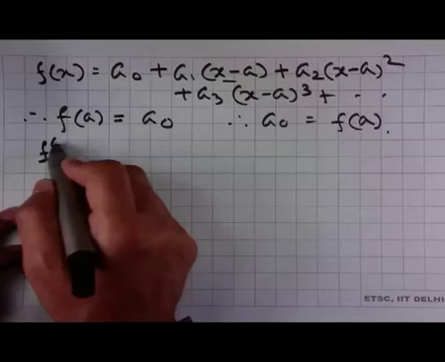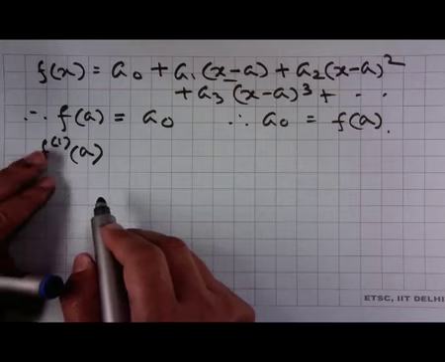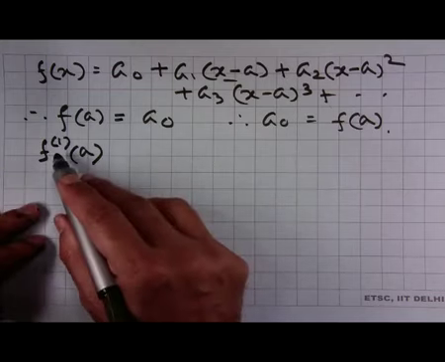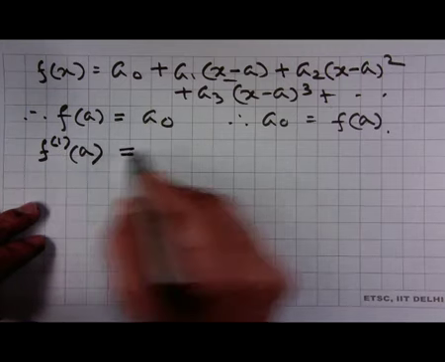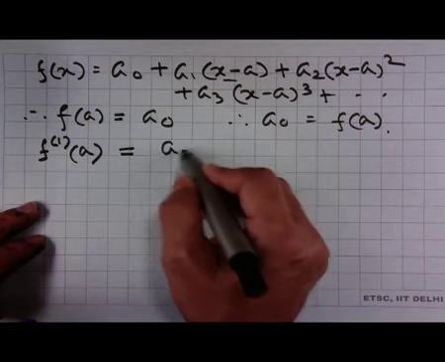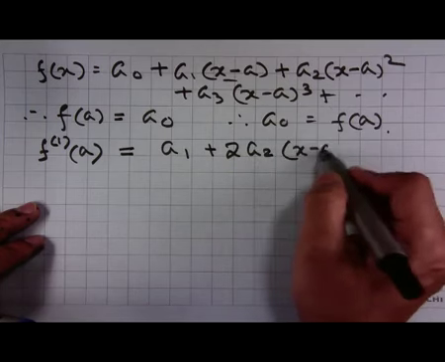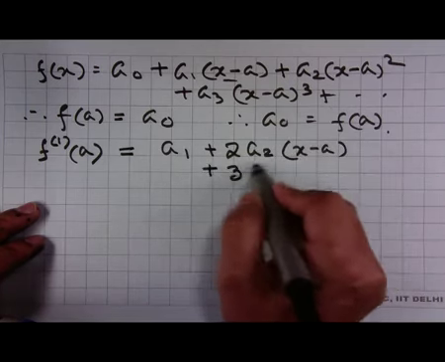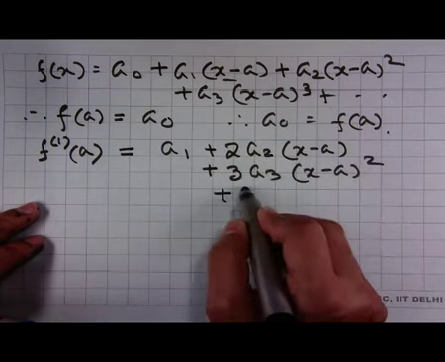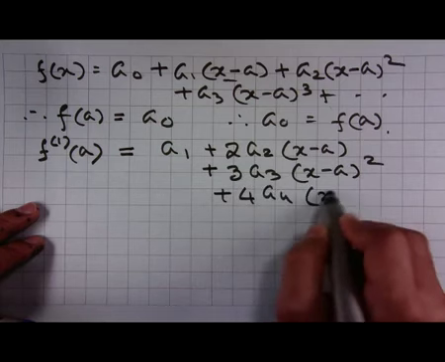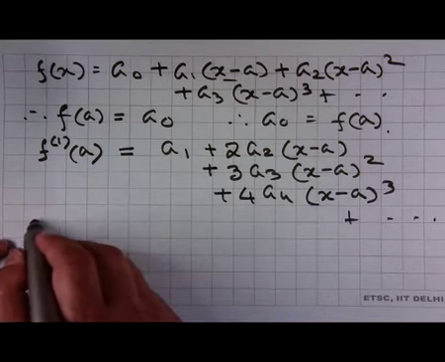What is the first derivative? I am writing it as f superscript 1, which means I am differentiating f with respect to x once. This is equal to a1 plus 2a2 into (x minus a) plus 3a3 into (x minus a) whole square plus 4a4 into (x minus a) whole cube, like that. Therefore, what is the second derivative?